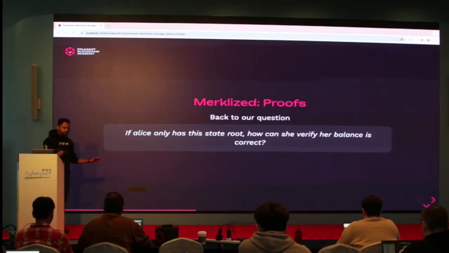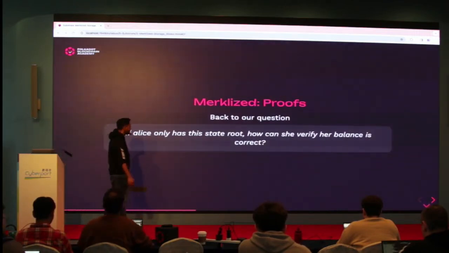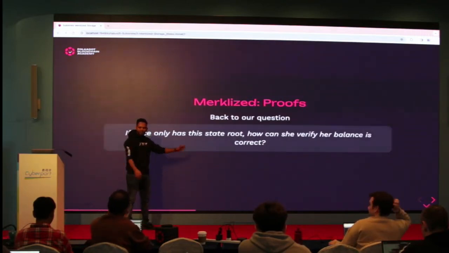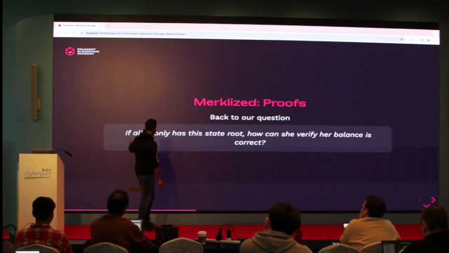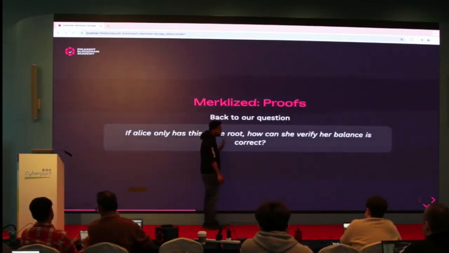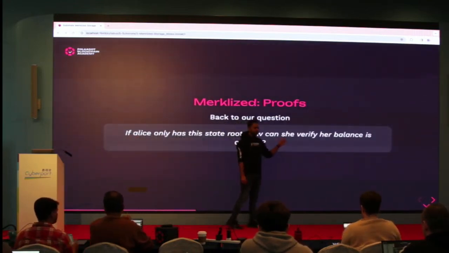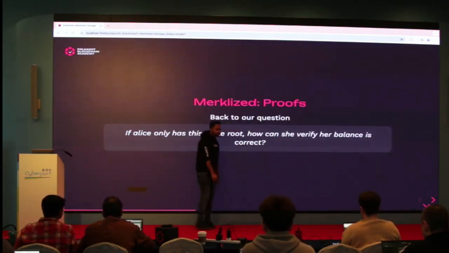Okay, back to the question that we asked in the beginning when we had non-Merkleized storage. Do I have the attention? Now with our Merkleized storage, imagine again Alice is the light client, she has only the state root. How can she query her balance and verify that her balance is right?